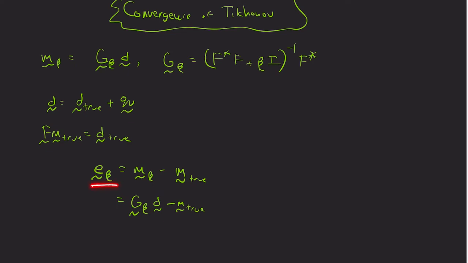So we want to show that this term gets small as beta and the noise go to zero with each other. So I can rewrite m beta as g beta d, and then the data is g beta times d true, which is f m true, plus the noise, minus m true.